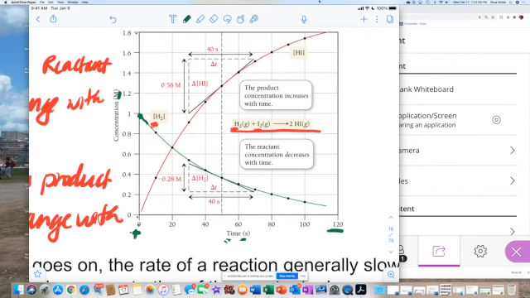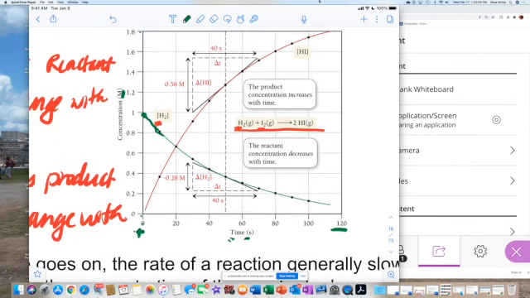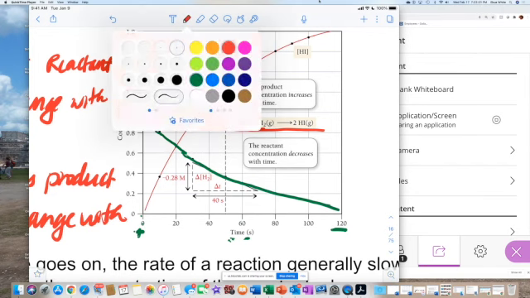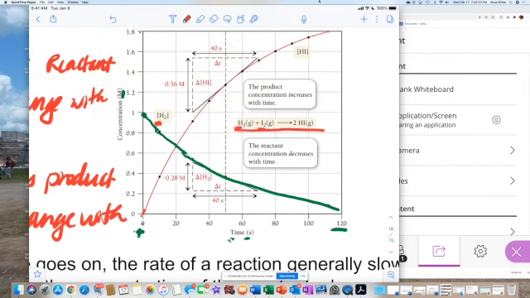As time goes by, the concentration of the reactant decreases, right? A little bit reacts, it starts reacting. So we're only tracking the amount that's left over, not the amount that's reacting. The amount left over decreases until the reaction ends, where this drops to 0. Meanwhile, in the beginning of the reaction, there's no product.